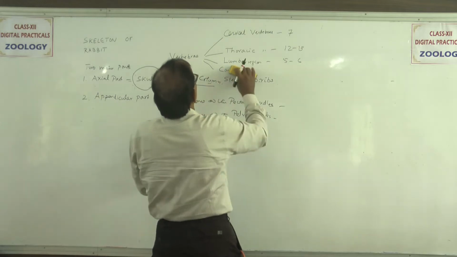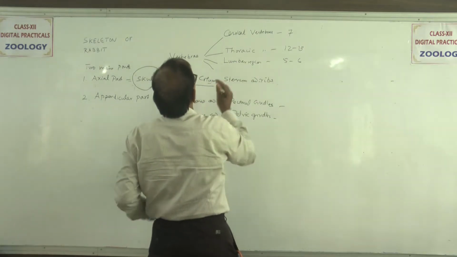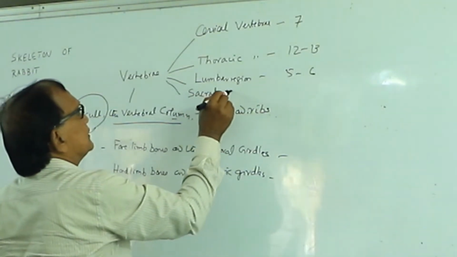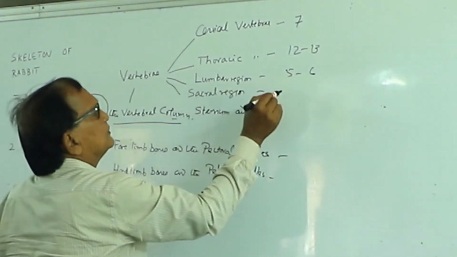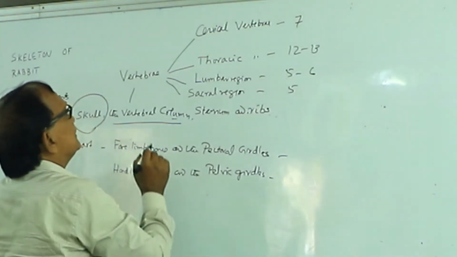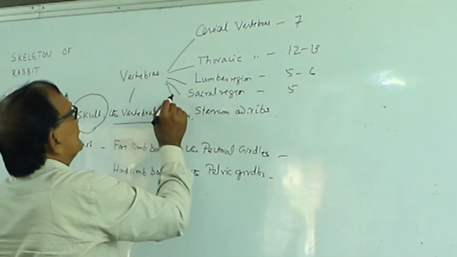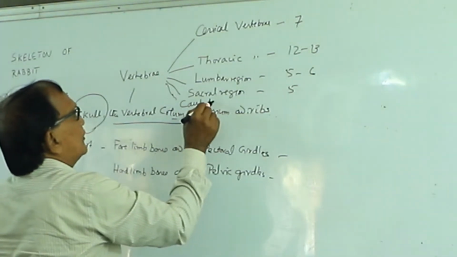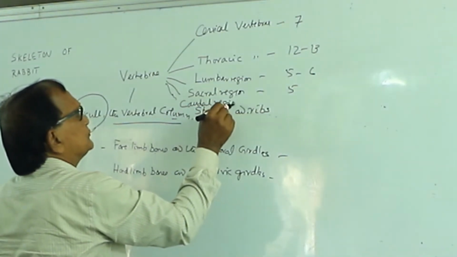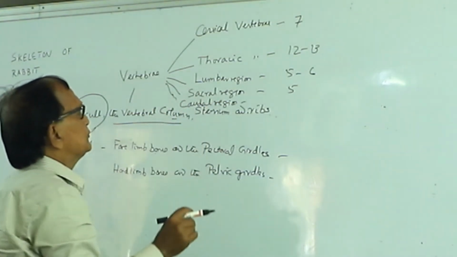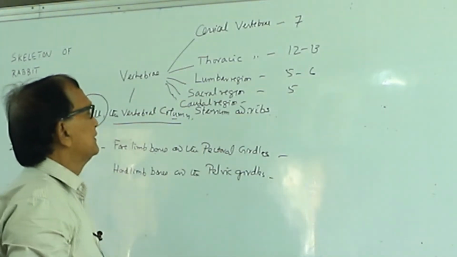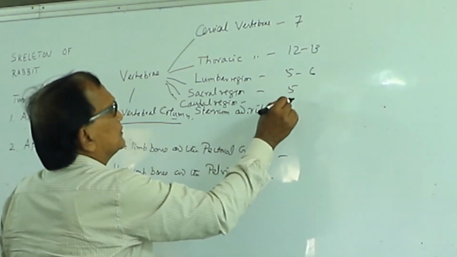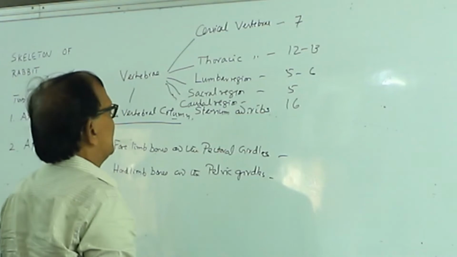Then we have the sacral region, which has 5 sacral vertebrae, and finally we have the caudal region or the tail region. Since rabbit possesses quite a long tail, the number of caudal vertebrae in the caudal region is about 16.